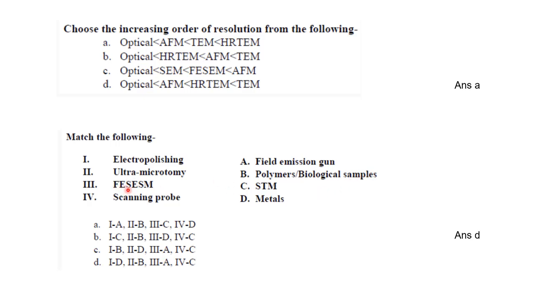It is FESEM, and FE means the field emission. Why FE? Because we use field emission gun as a source of electrons. So that is the correct match for the third one. And scanning probe is a broader view of the STM. So STM comes under scanning probe. So option D is the correct.